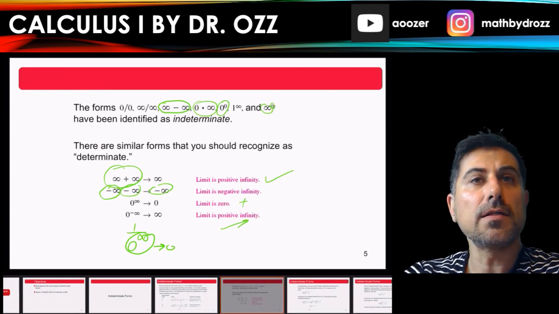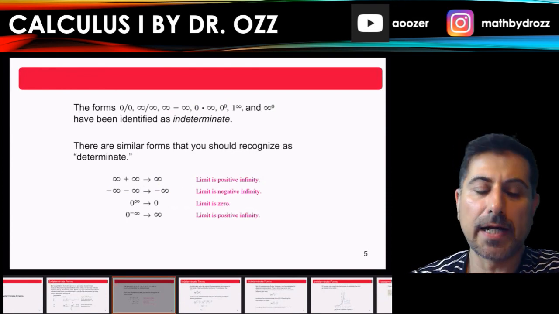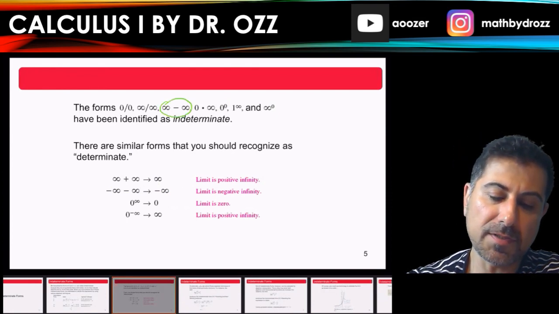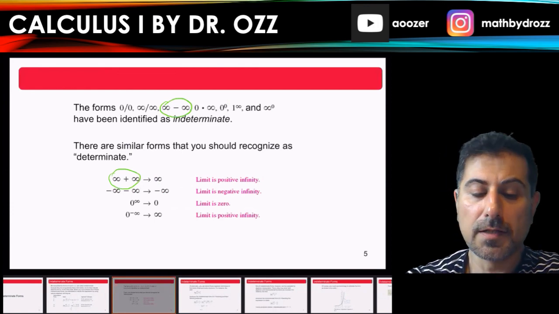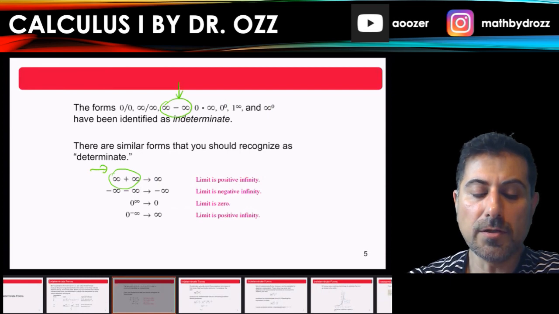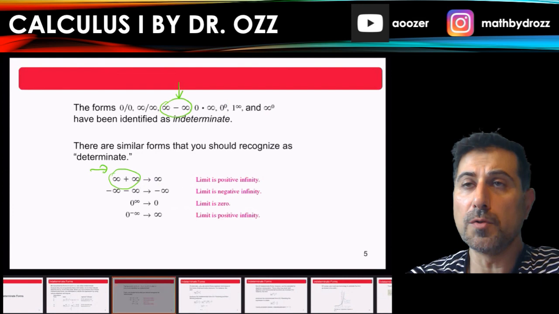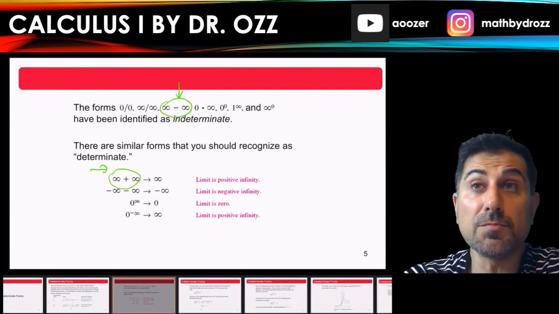Okay, so these are different types of forms that are determinate. All right, just notice that infinity minus infinity and infinity plus infinity are two different things, by the way. This one is indeterminate and this one is determinate, because here you don't know what infinity minus infinity is, because both infinities could be at the same level, so the difference could be 0.